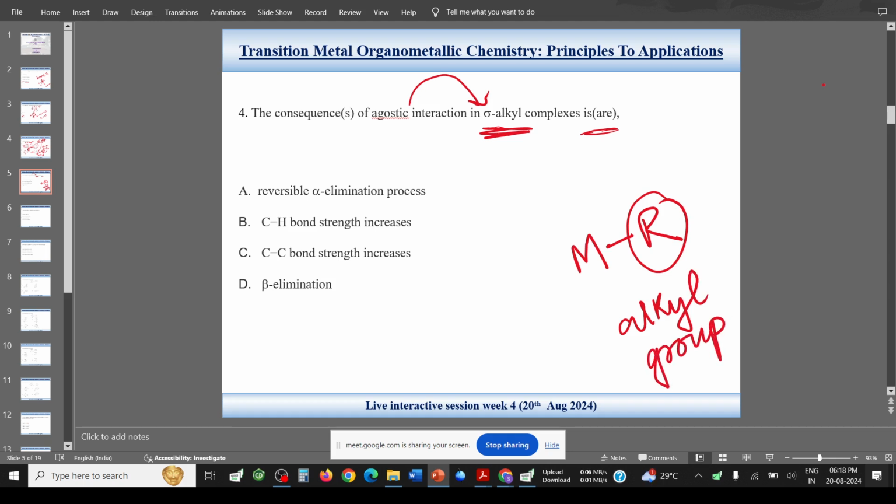So the agostic interaction is always present in metal sigma alkyl complexes. Okay.